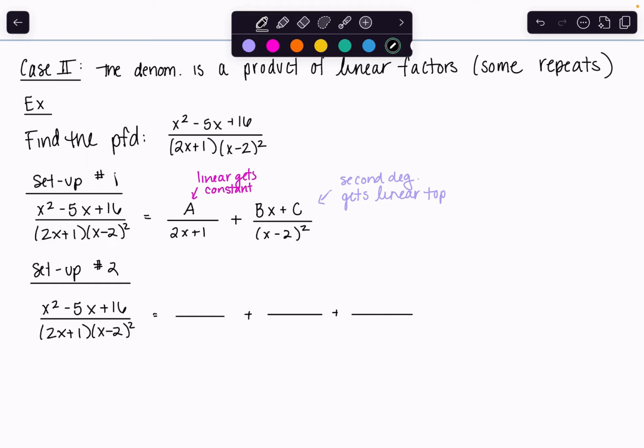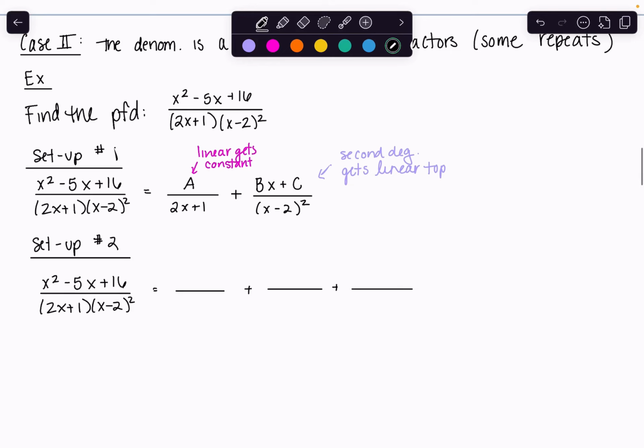Okay. So ultimately, what we do is we still keep the 2x plus 1 with a linear above it. But I'm going to build up to having two of them. So we start with the repeated linear at the first power.